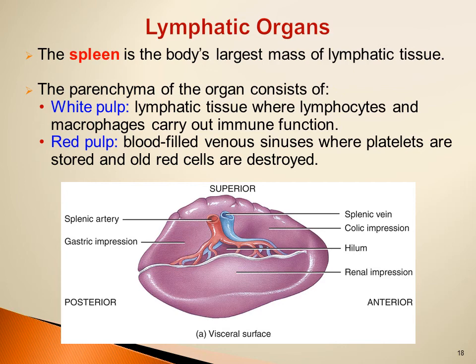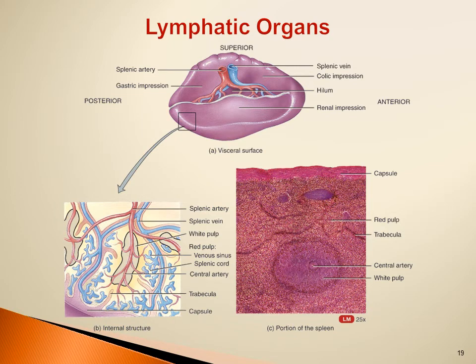And as you see here, this is the internal or visceral surface of the spleen. This spleen, as I said, is composed of white pulp, mainly lymphocytes and macrophages around the central arteriole, and red pulp that is composed of sinusoids, where platelets are stored and old red blood cells are destroyed.